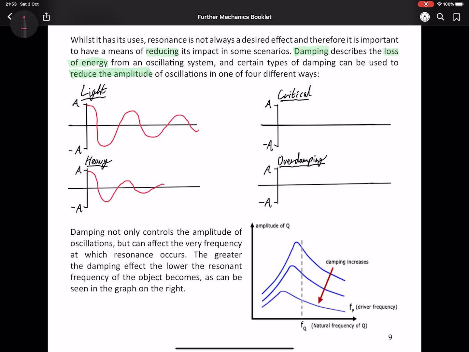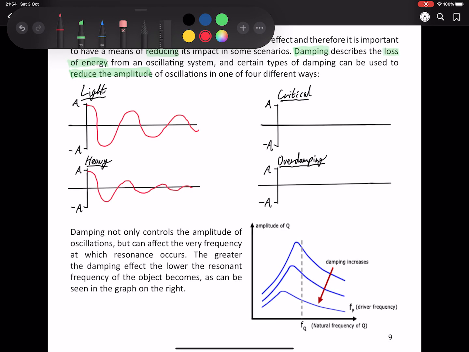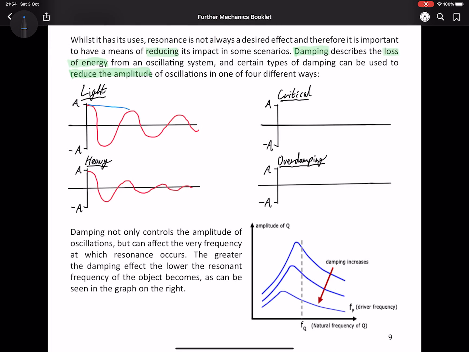Whereas with heavy damping, this happens far more rapidly, almost exponentially. So we can show that by following the peaks and following the troughs to show that narrowing effect. So you can see here, as I said, a funneling effect, narrowing as it goes along. Whereas for heavy, it does it more rapidly, almost exponentially on each side.